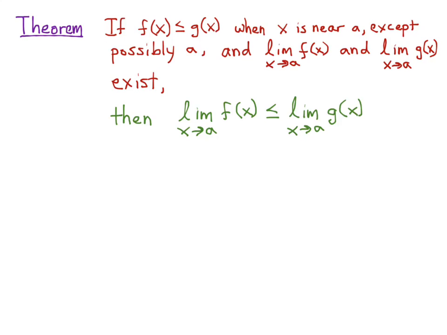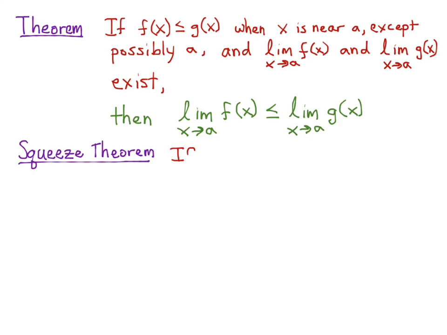What that means is that if I am at any age always shorter than my brother, and my brother and I grow up, then by the time we reach our ultimate ages, I'm going to be either shorter than him or equal to him, right? If I'm always either equal or shorter than him, that relationship is going to hold in the limit. Now that's not nearly as interesting as the squeeze theorem.